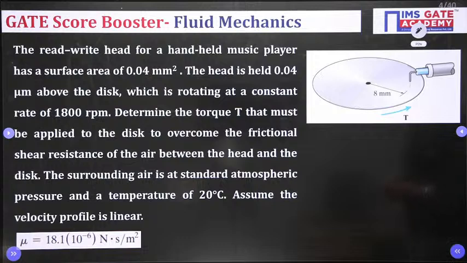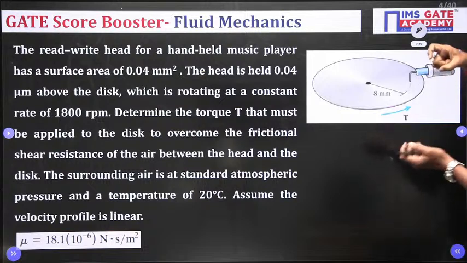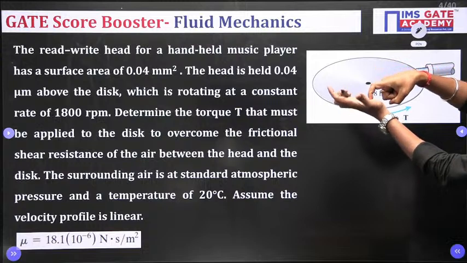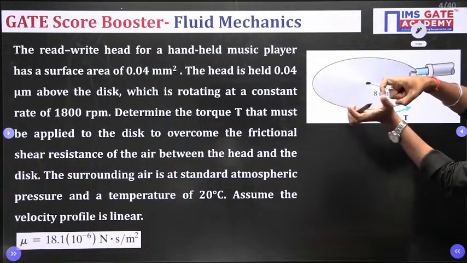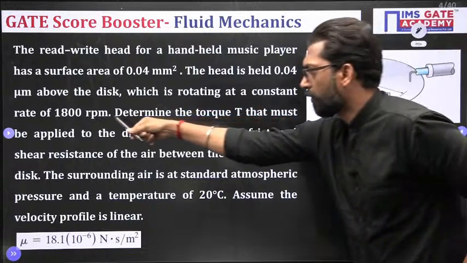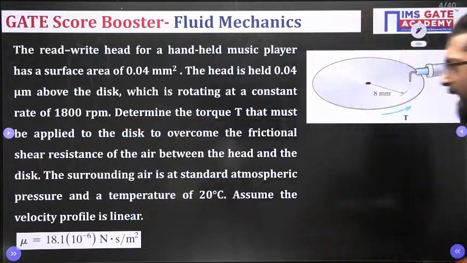The disc is rotating at a constant rate of 1800 RPM. The needle is fixed, and the disc is rotating at 1800 RPM.